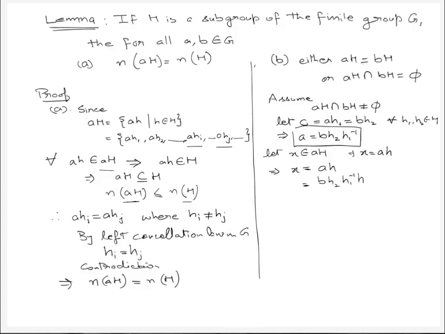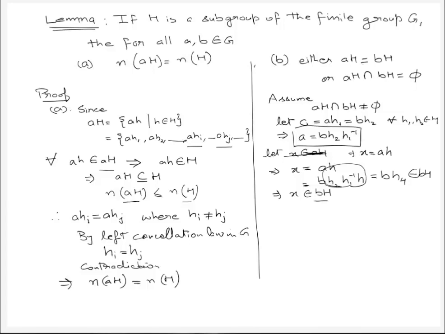But H is a subgroup, so by the closure property, h2 h1 inverse h is an element of H. So this means b h2 h1 inverse h is of type b h4, which again belongs to bH. That means x belongs to bH. So every element of aH belongs to bH.